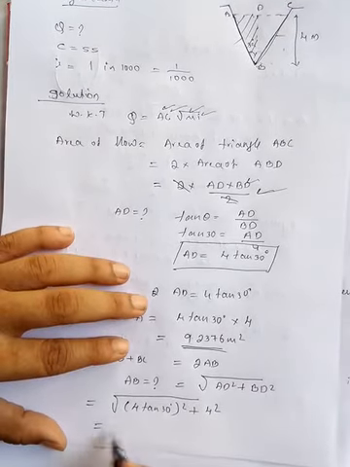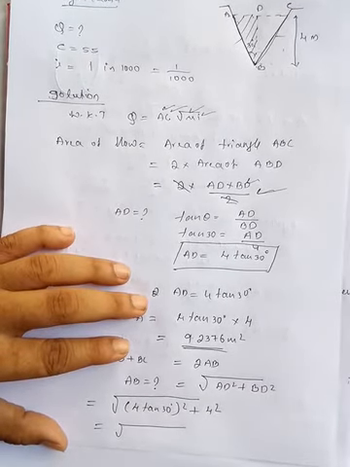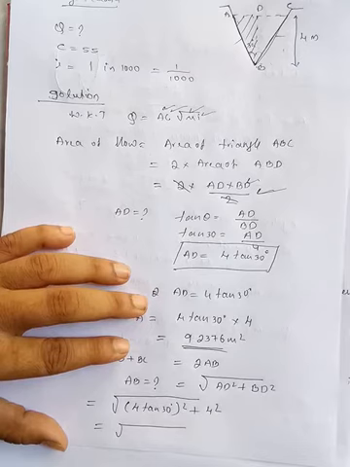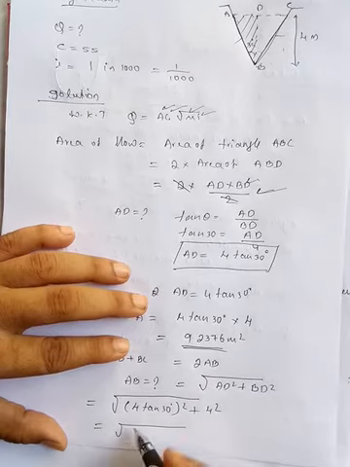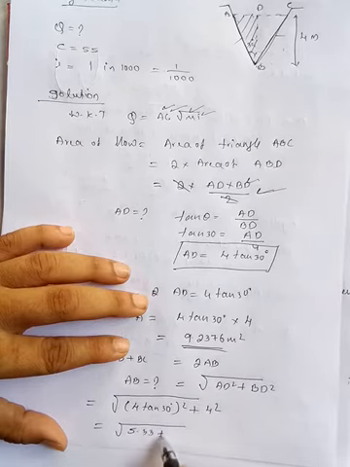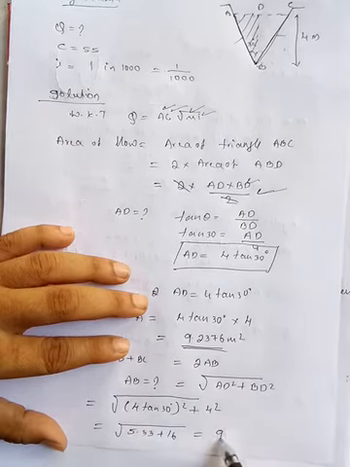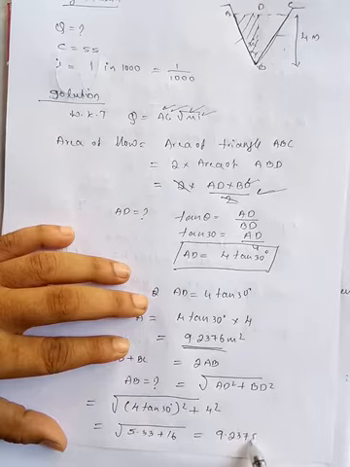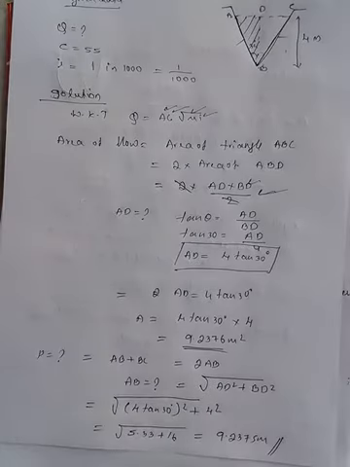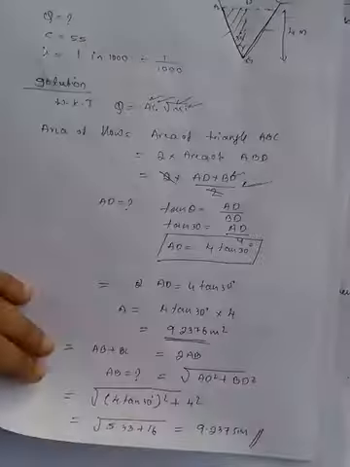So it will become 5.33 plus 16. The final answer will become 9.2375 meter. Okay, the wetted perimeter is equal to 9.2375 meter.